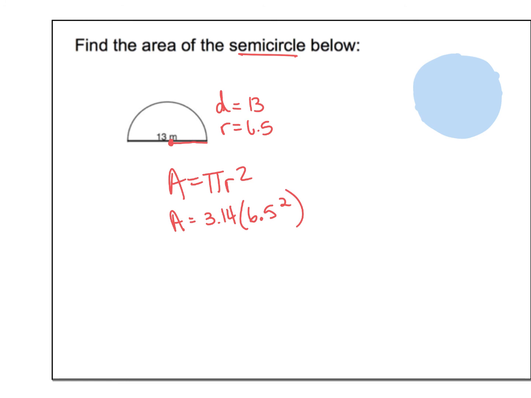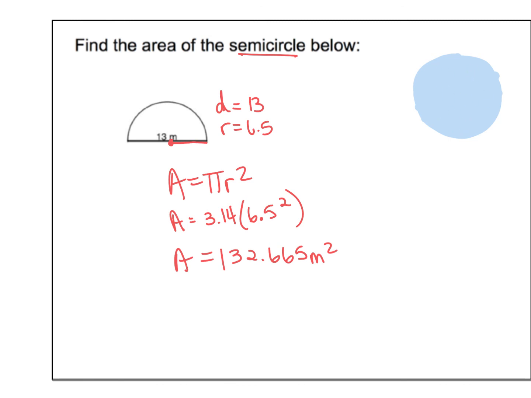All right, so I would solve that. And that's going to give me the area of the whole circle. Times 6.5 squared. And so I would get area equals 132.665 meters squared. So I'm going to show you what happens. I just found the area of this entire circle, right? Pretend this is my circle. I just found the area of that whole circle, so all of this space in between.